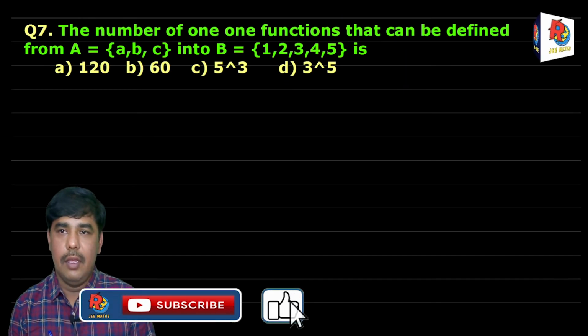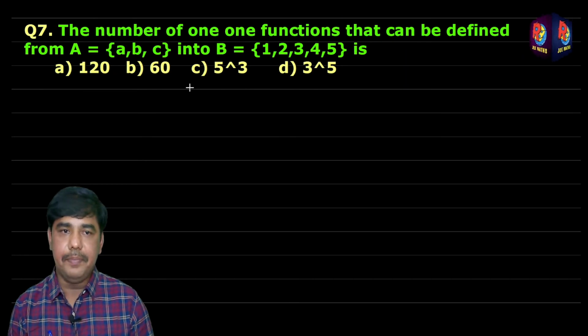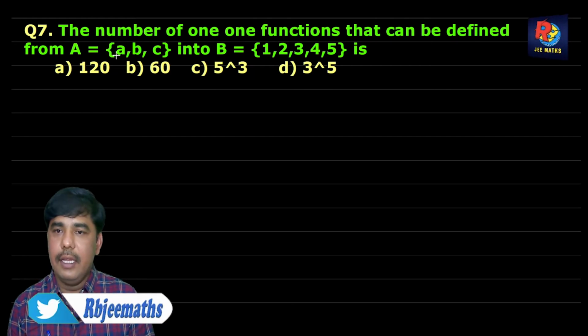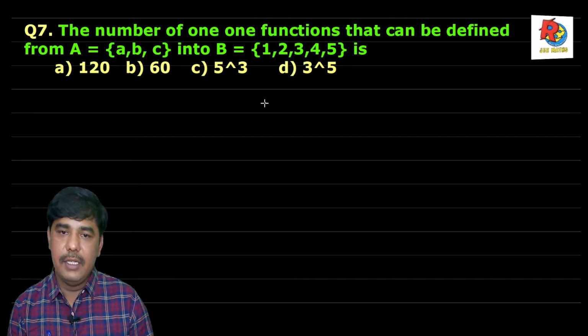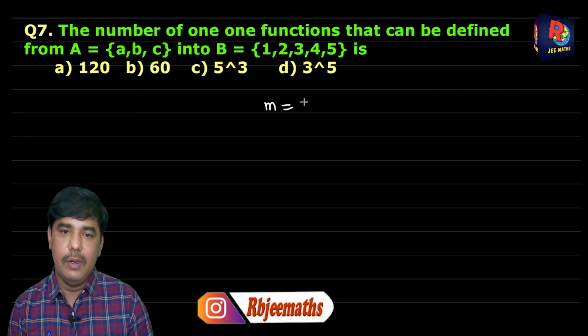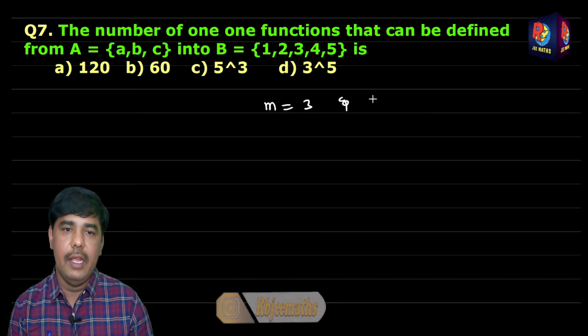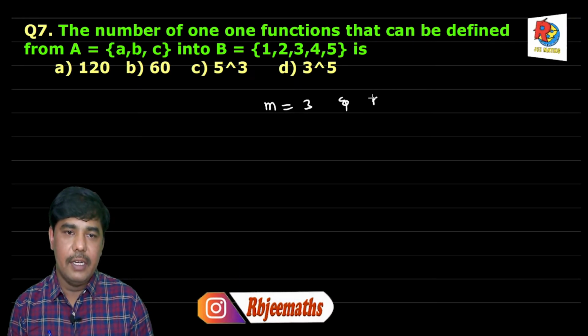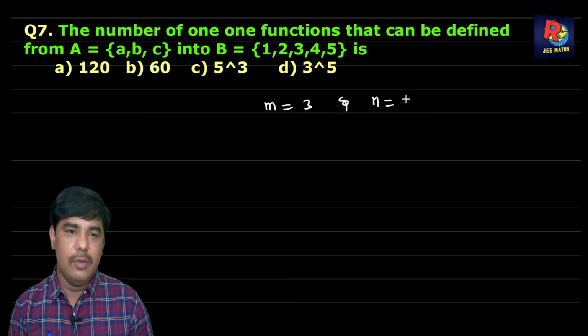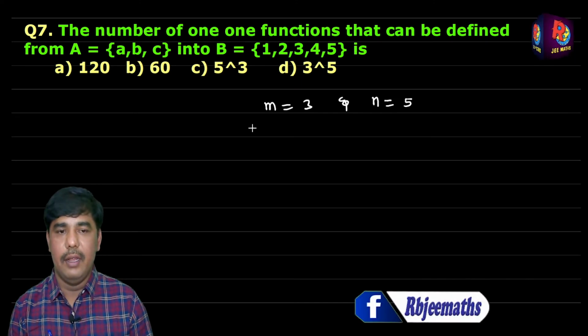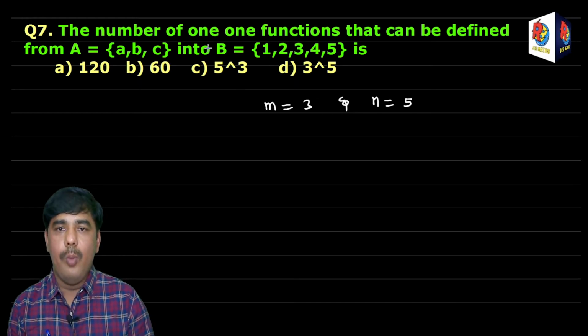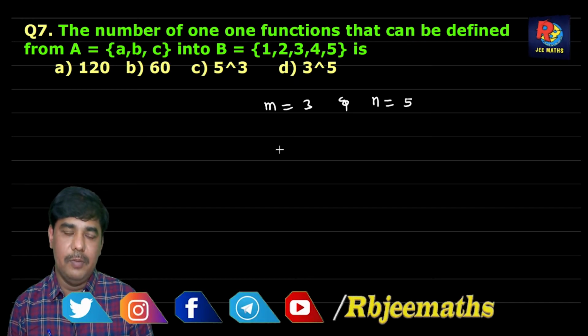Just here you can observe. Set A containing how many elements are there? Set A means m value. m equal to 3 elements is given. And set B means n. n equal to 5 elements is given. So now how many 1-1 functions are possible?